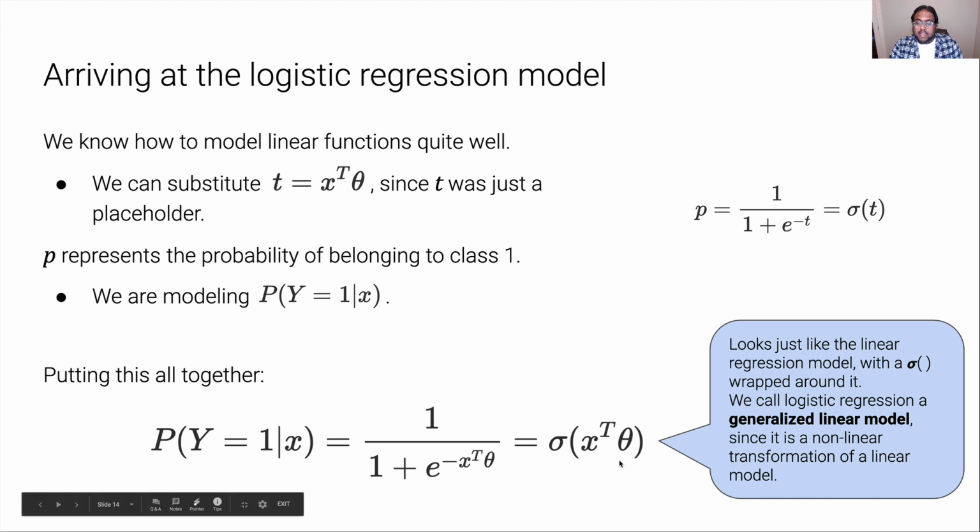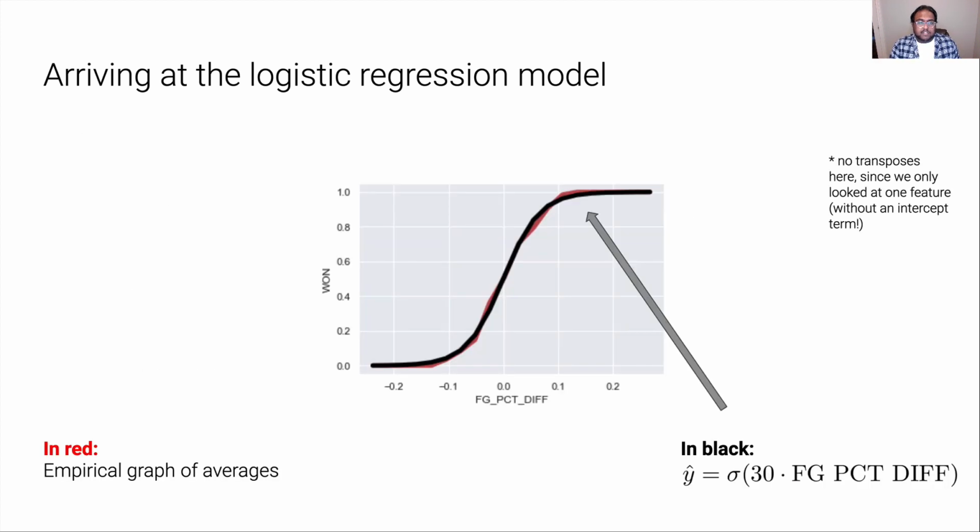The only difference is that instead of just having x transpose theta, we have the sigma, or logistic function, of x transpose theta. That's why logistic regression is sometimes called a generalized linear model, because it's a nonlinear transformation of a linear model. But that's not really a term that we are going to worry about in this class.